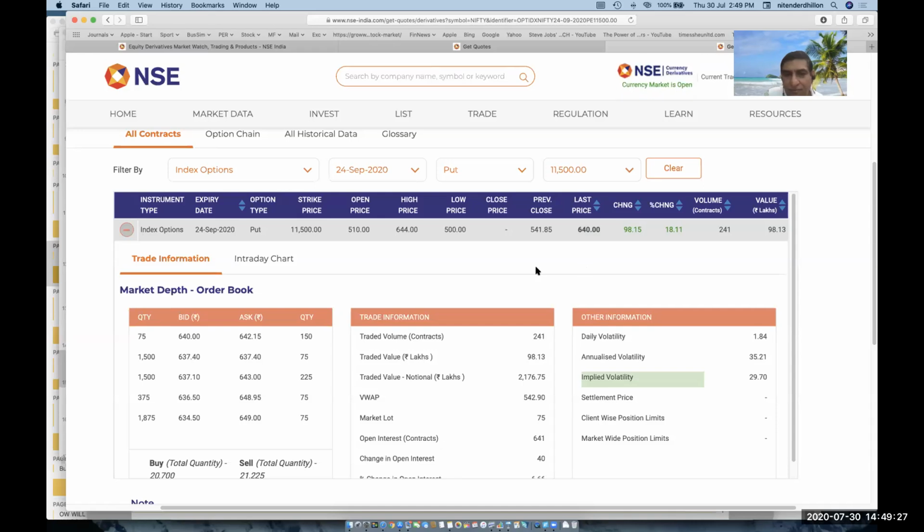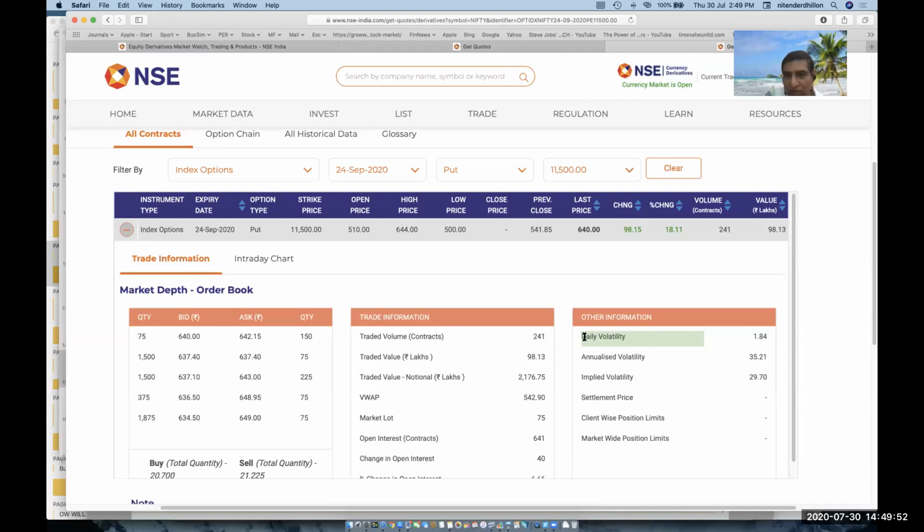Right. Sir, the daily volatility, that will be calculated from a base date, right? So in our case, it is calculated, I think, from 2002 something, right? No, when the exchange is putting this 1.84%, they're going back 1 year in time. Let's say 365 data points back from today. So they started from around 30th of July 2019.